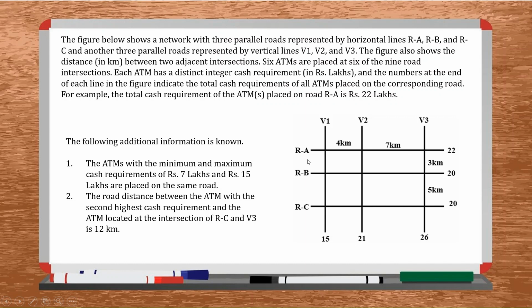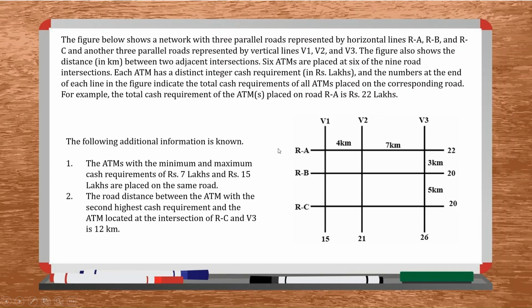Each ATM has a distinct integer cash requirement, and the numbers at the end of each line indicate the total cash requirements of all the ATMs on that particular corresponding road. For example, the total cash requirement of the ATMs placed on the line RA will be equal to 22 lakhs.